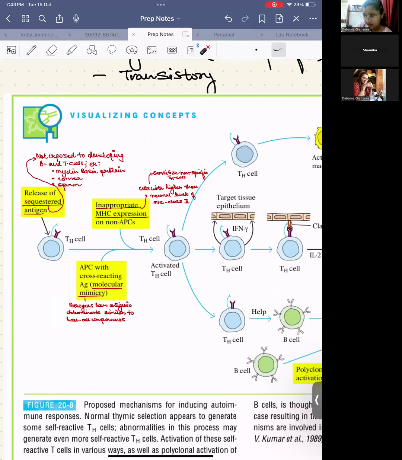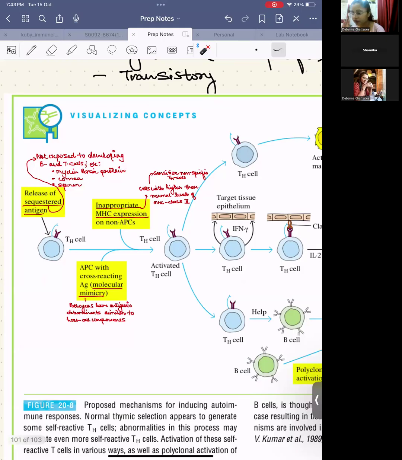Because of the traumatic injury, these sequestered antigens, some of the examples mentioned here, have now got a chance to get presented to the T cells, and I have memory T cells against these antigens. If I again encounter it, I am going to cause a super harmful immune response against these cells.